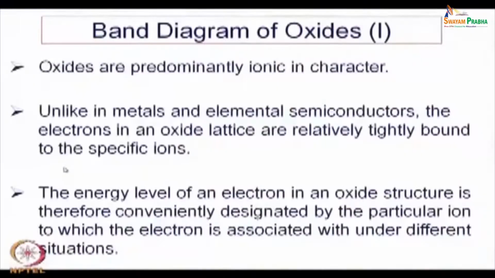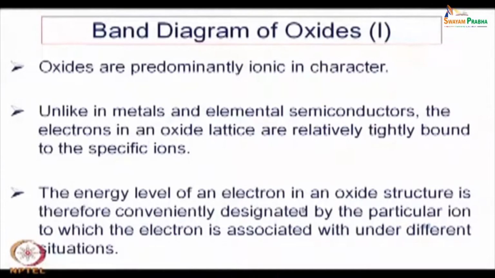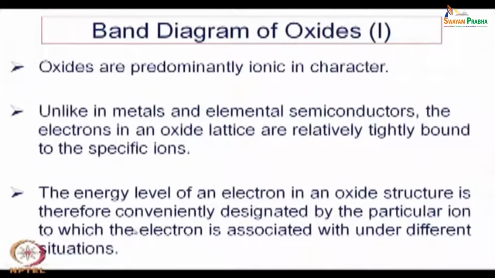So, the nature of the band is certainly different, and we will also designate these bands in a different way. That is what we would like to look at. The energy levels of an electron in an oxide structure are conveniently designated by the particular ion with which the electron is associated under different situations.